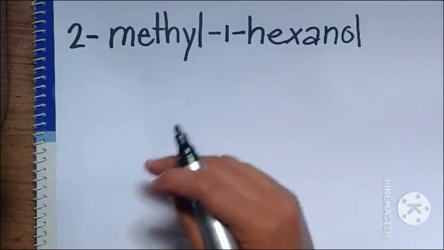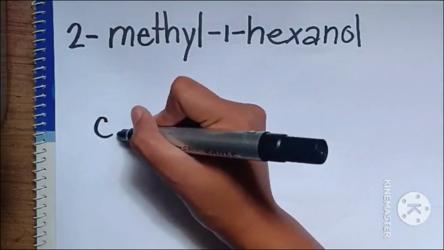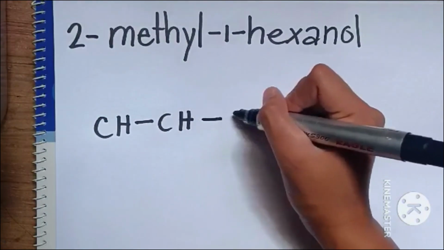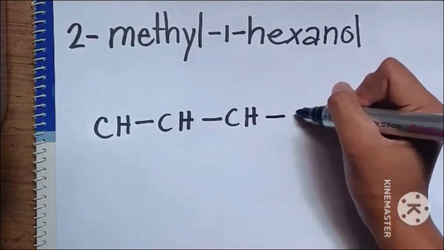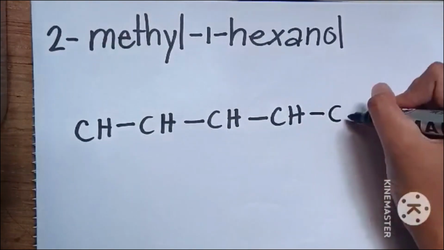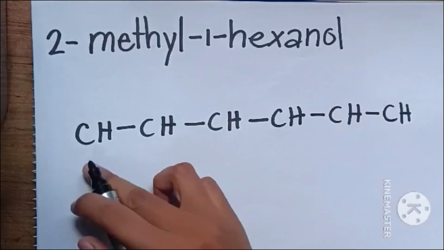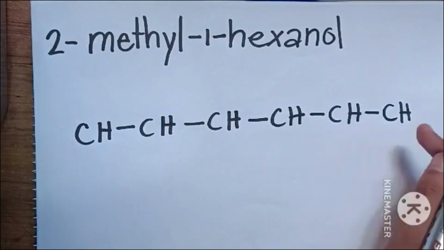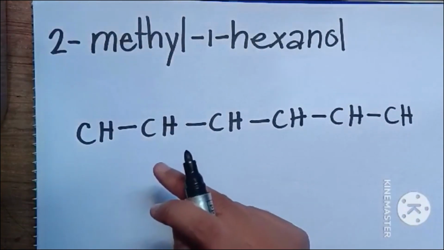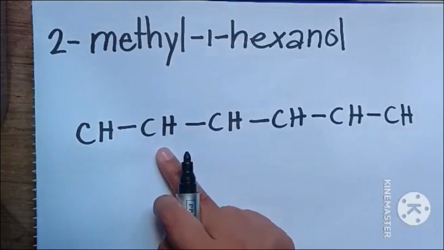First we're going to write the 6 carbons. 1, 2, 3, 4, 5, 6. Then it has a substituent located in the second carbon.